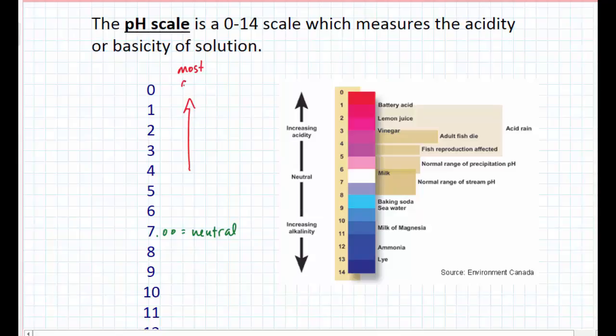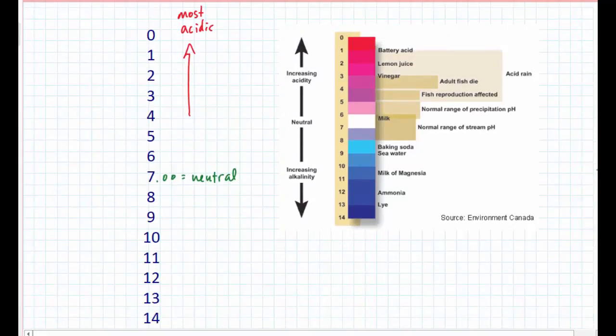We're the most acidic at this end, and the most basic down towards 14. So if you take a look at this little chart that I borrowed here, you get things like milk. Here's vinegar, pH around 3, lemon juice, battery acid. The closer to 0, the stronger the acid, the more acidic it actually is.